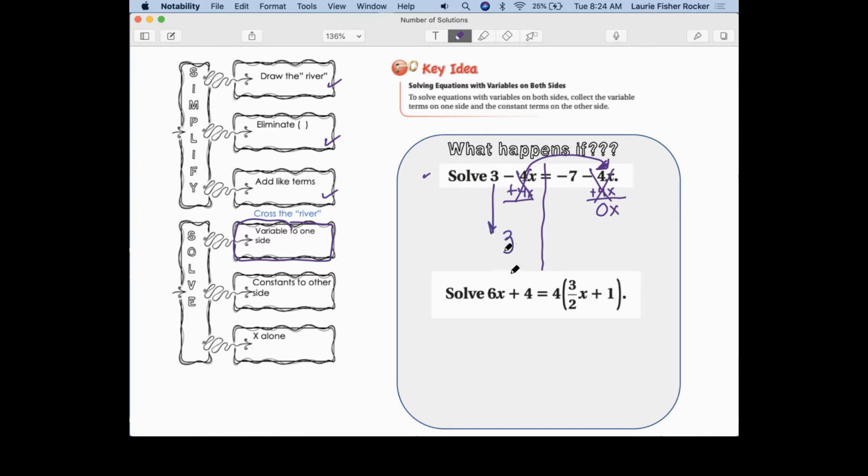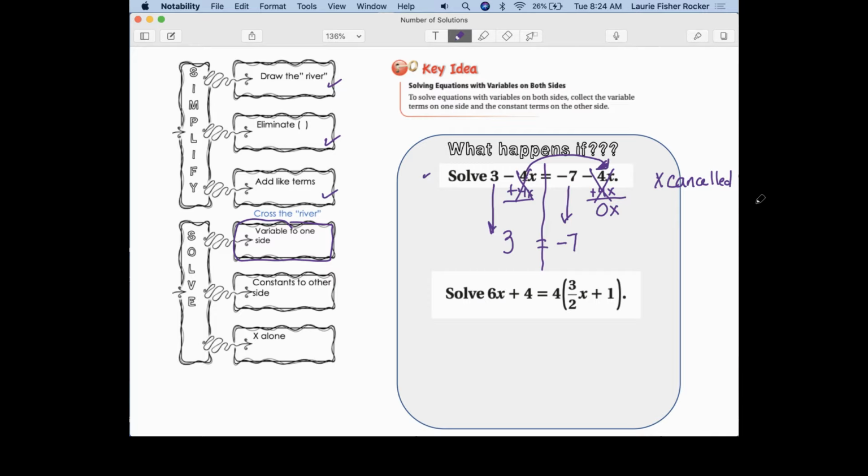So we bring 3 down, and it's equals, and we bring negative 7 down, and we go, oh, 3 doesn't equal negative 7. 3 can never equal negative 7. So let's talk about the scenario here. First of all, the x canceled. So when we got the x's to one side, they canceled out, so there were no more x's at all.